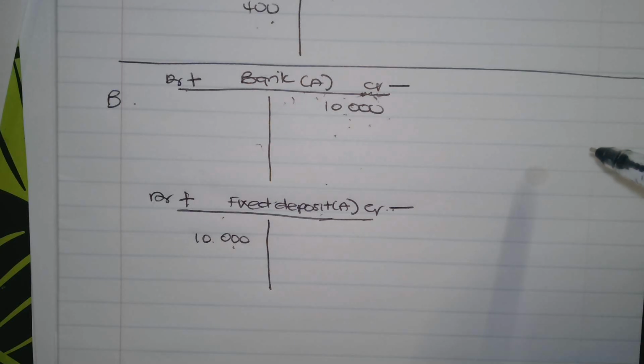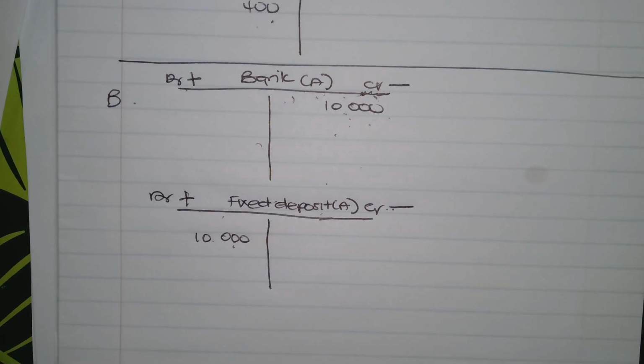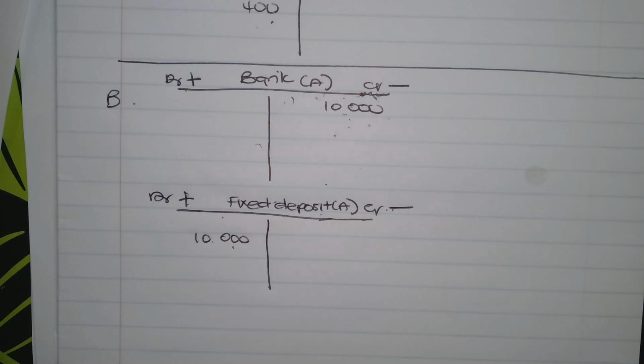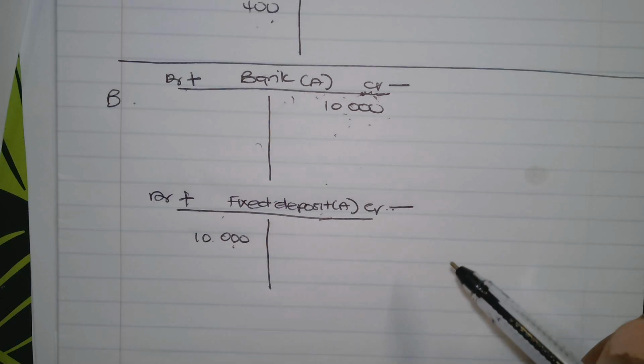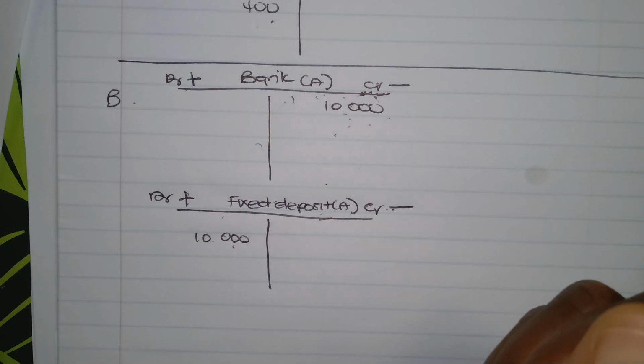In this case, the transaction said it's a fixed deposit. And remember, you took out money from your bank account, you are investing it, right? An investment is something that is an asset. Do you understand? Your money is still kept safe. You still have that portion of money that you took out, but you're going to acquire it at a later stage when your investment matures. So which is why we are saying fixed deposit is an asset, and it's the same as your bank.